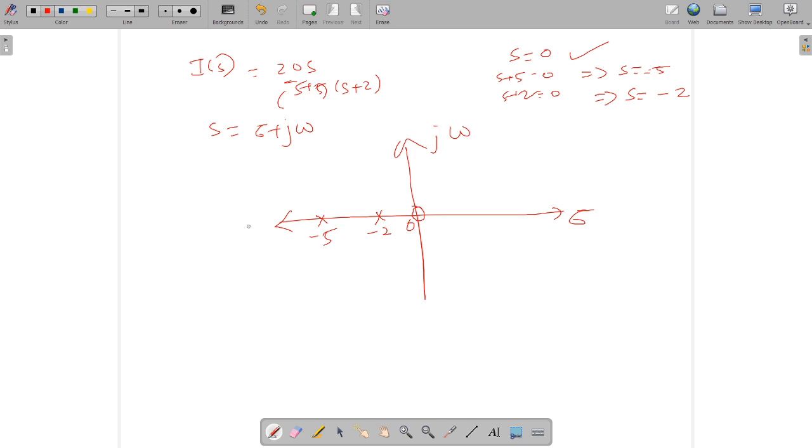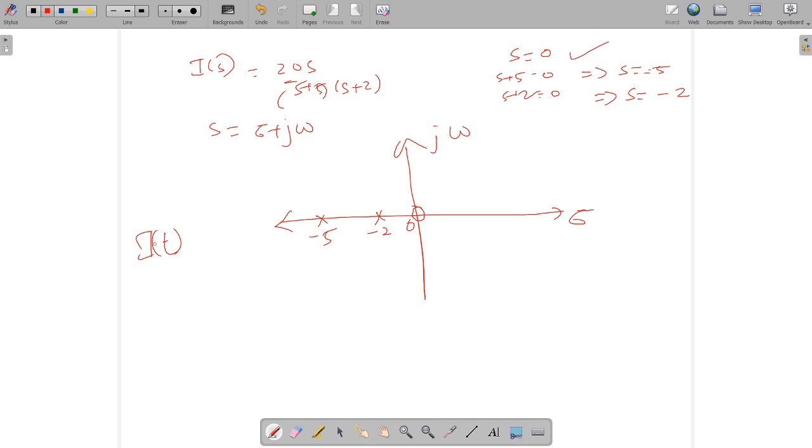But our ultimate aim is to find i of t. How are you going to find i of t? First, you will have to take the inverse Laplace transform. Before taking the inverse Laplace transform, you will have to split this I of s into parts.